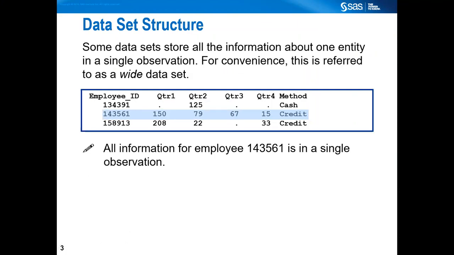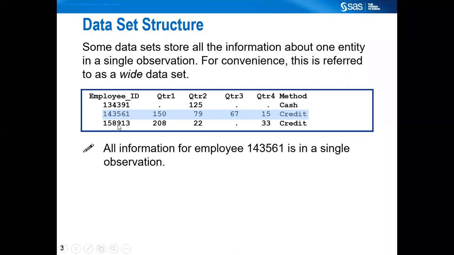So understand what the data structure is. Look at this table very carefully. This is the information about donations where you have employee ID, and for each quarter the amount the particular employee is donating and the method of donating. Some data sets store all the information about one entity in a single observation. For convenience, this is referred to as a wide data set.